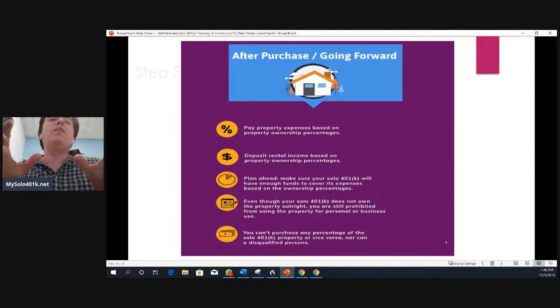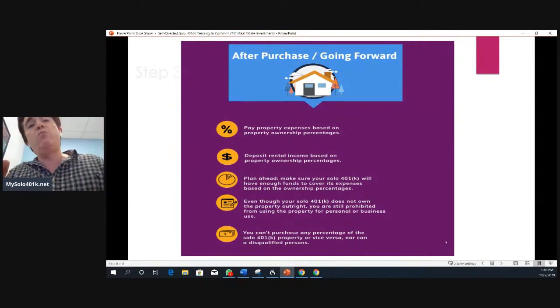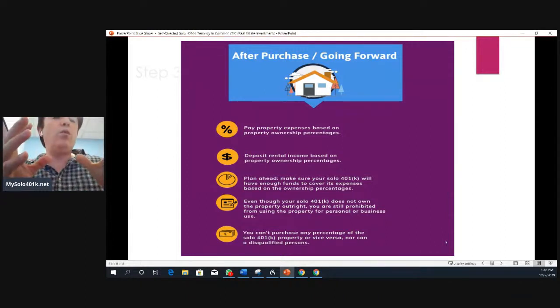The rules still apply. If you own a property inside your solo 401k 100%, you can't sell that property to yourself. You can't sell it to your father. Those are disqualified persons. So if you own an ownership interest in a property because you bought it as a tenancy in common, the ownership interest that you hold inside your solo 401k, you can't sell it to yourself. You can't sell it to your father. So those rules still apply.